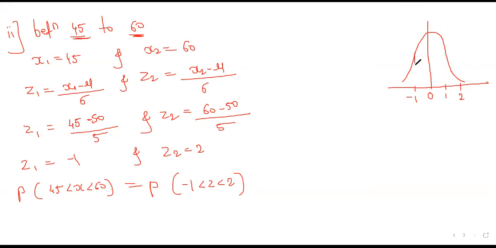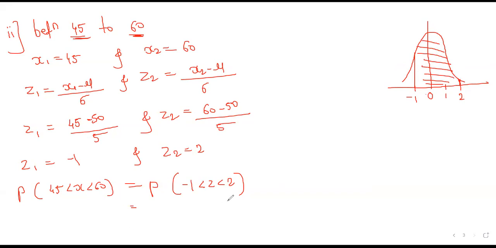So we have to calculate area between this, that is -1 to 2. आता हे 0 to -1 तर आपल्याला दिला होता. काय होता? 0.3413, and 0 to 2 पण दिलाय.